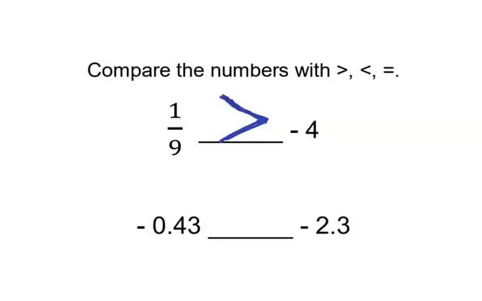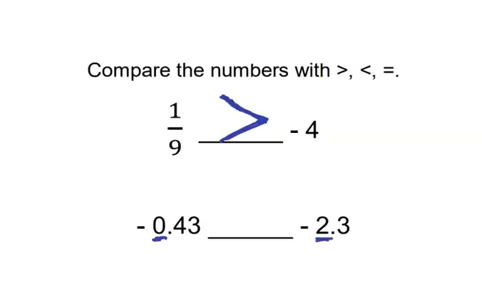Okay, so down below here, both of these are negative numbers. So now we have to think which one is further to the left. That's going to be the smaller number. So we have a -0 and a -2 in the ones place.